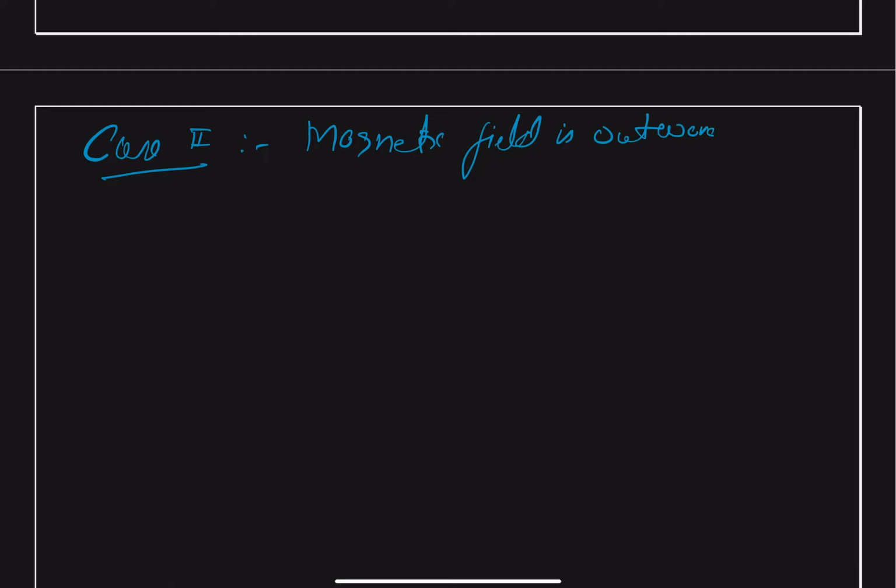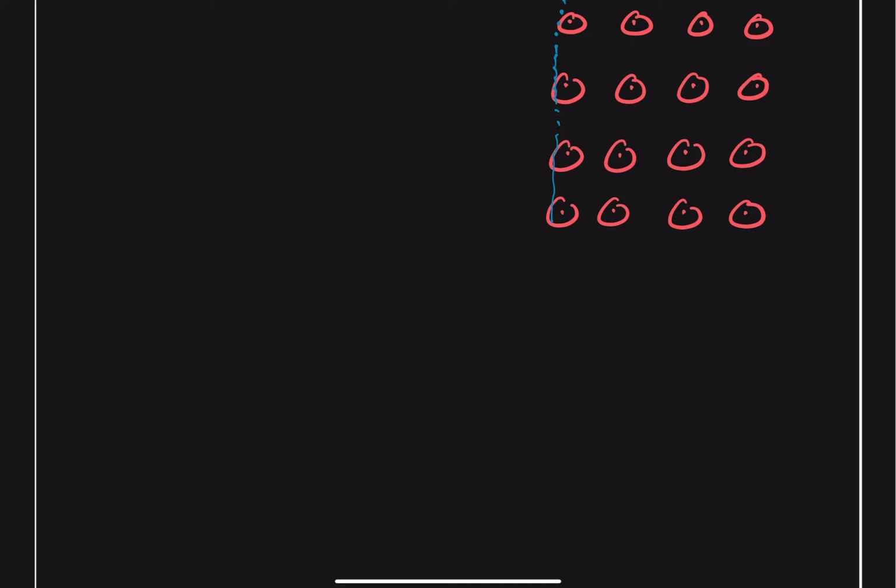We have the magnetic field in the outward direction and the rest of the things will be the same. So along this border the electron will be entering, and once again it will be moving in a circular path.